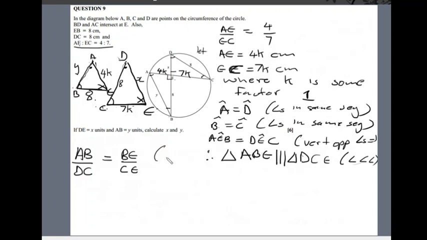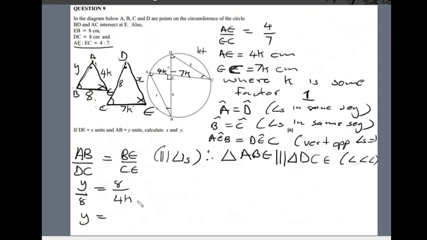So AB from this is y. From here we see AB is y, DC is 8 centimeters, BE is 8, CE is 4K. So y will be equal to 8 times 8.